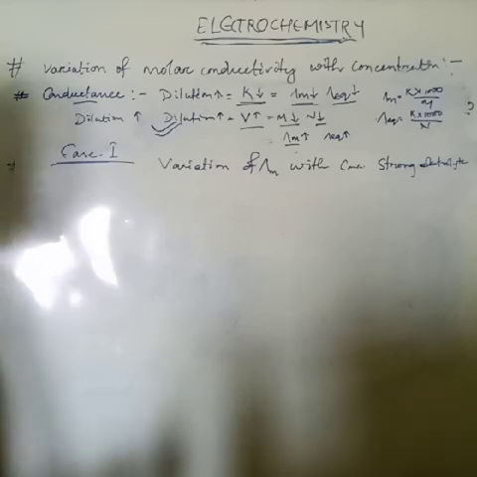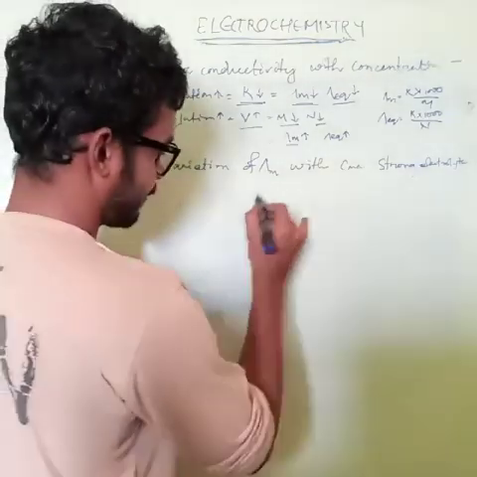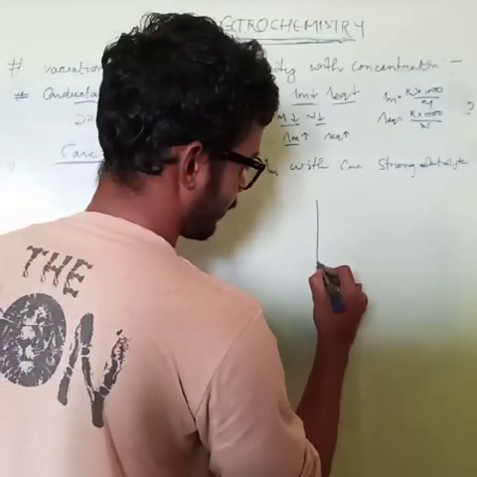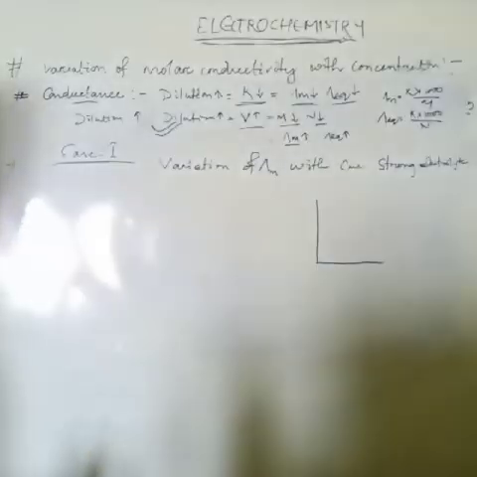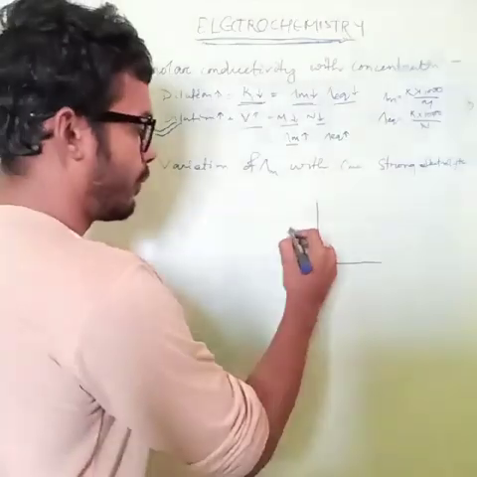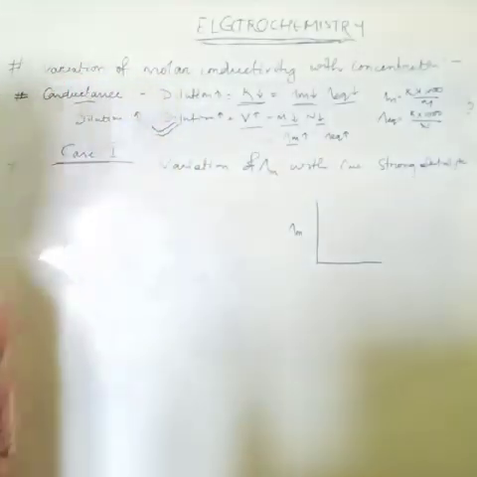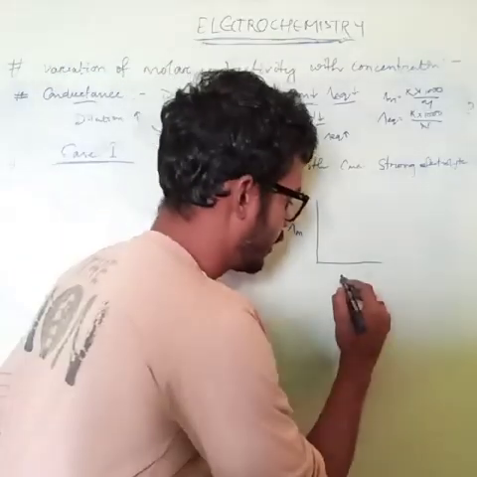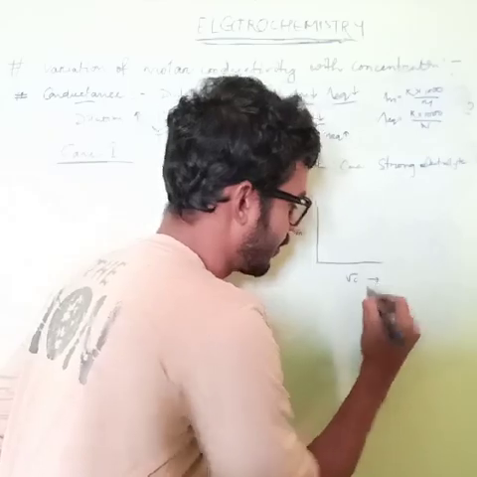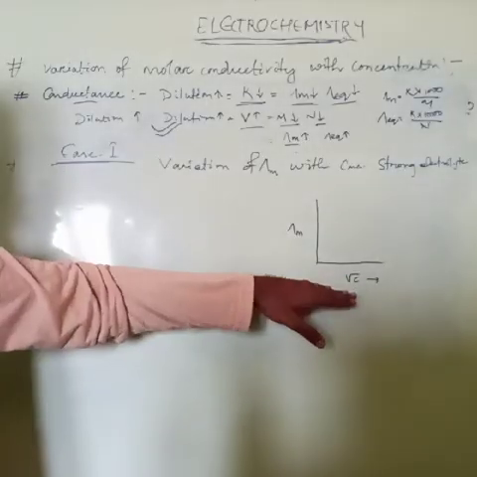Okay, so from this graph you will get to know he has taken molar conductance on the y-axis and root C on the x-axis. Why is this root C?